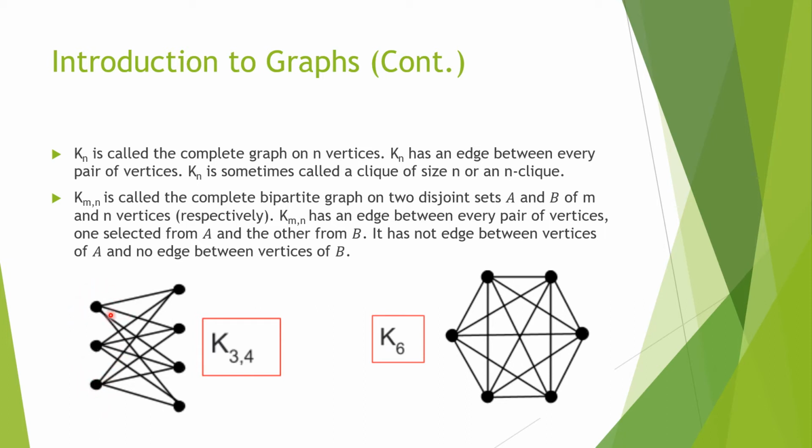There's no edge between any 2 elements selected from this set. And there are no 2 elements in set B that are neighbors. However, every vertex that you pick from A and every element that you pick from B are connected by an edge. That's called a complete bipartite graph on a set of size 3 and 4.